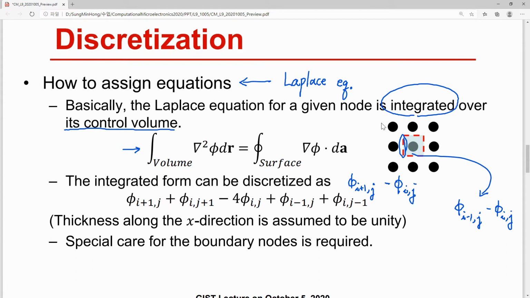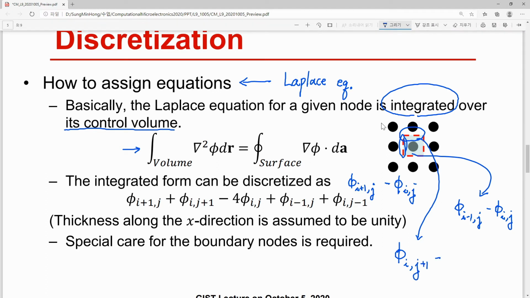Even when you consider the top surface, that will just contribute something like phi i comma j plus 1 minus phi i comma j.